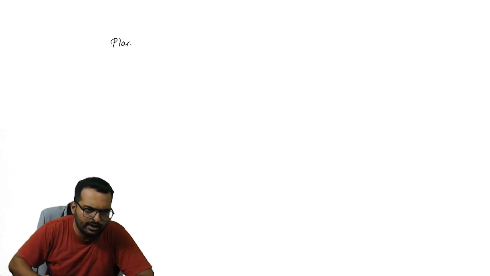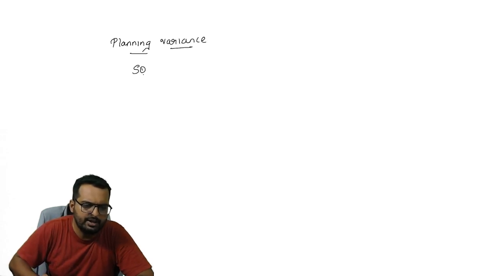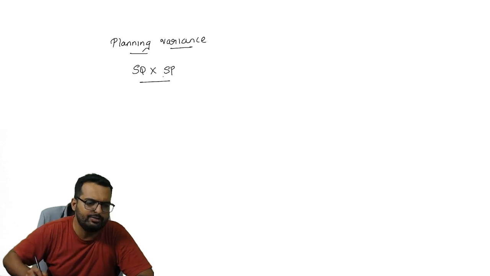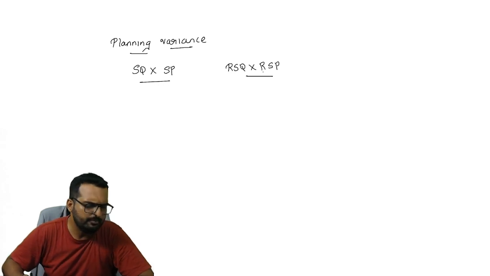The table will now go like this. First one is called the planning variance. Here the table format will be SQ into SP, RSQ into RSP. Can you tell me what is RSQ? Revised standard quantity.